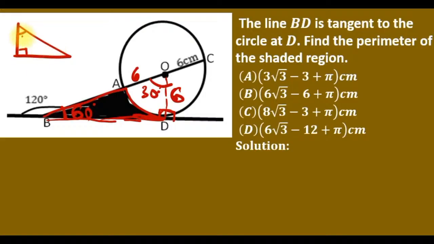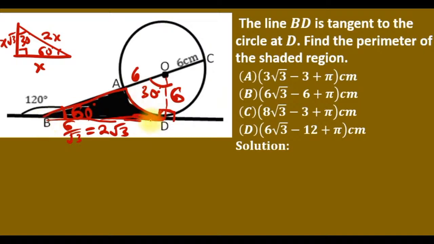The theorem is simple to understand: if you have a right angle triangle with interior angles 30, 60, 90, and the side opposite 30 is x, the one opposite 60 will be x times root 3, while the one opposite 90 is 2x. So using that logic, the one opposite 60 here is 6, so the one opposite 30 will be 6 over root 3, which is 2 root 3.